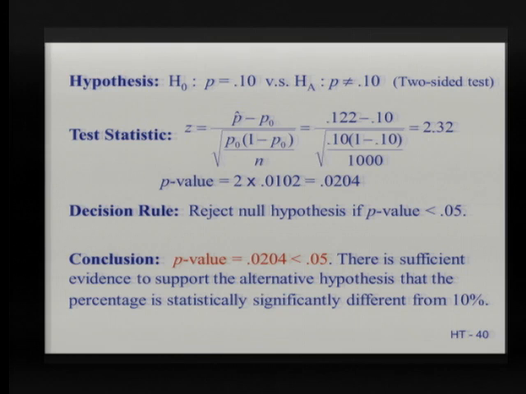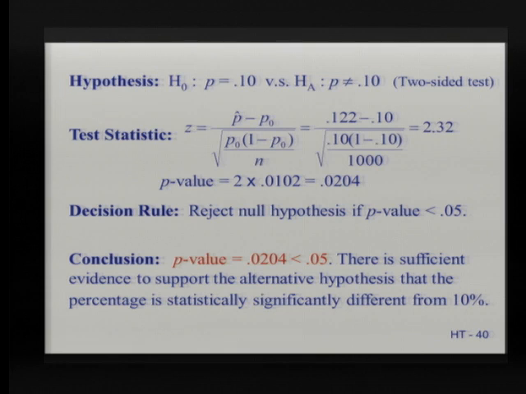Hope that makes sense? Okay. And you notice I say statistically significantly different from 10%. That difference is tested by the probability model. So we statistically conclude that the difference is significant, based on the probability model.